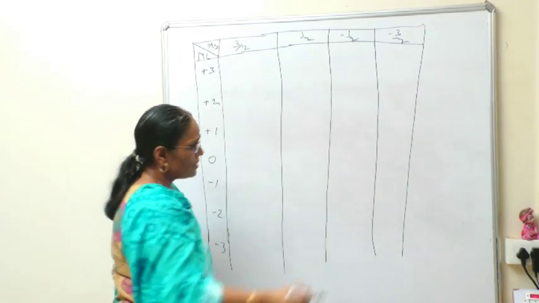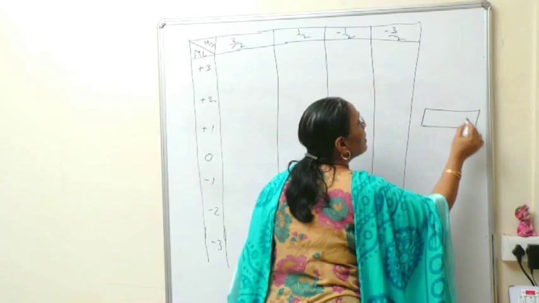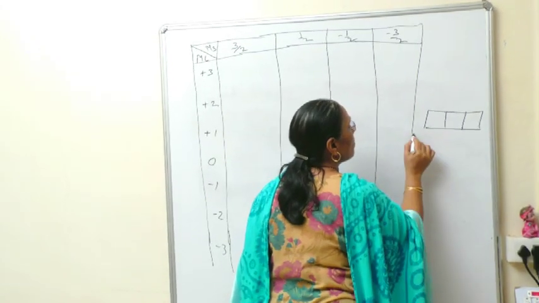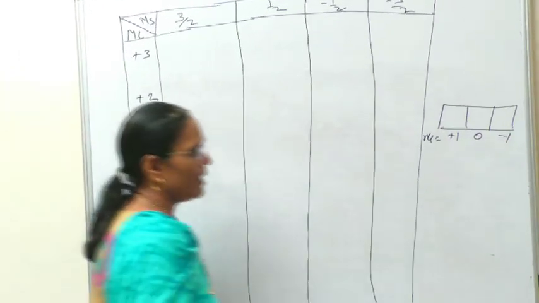So first we have to write down the p configuration, or the orbitals, in the form of blocks with ml values +1, 0 and -1.